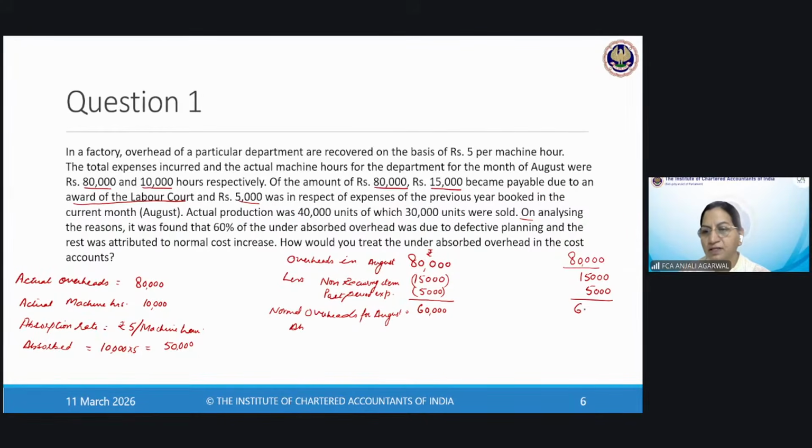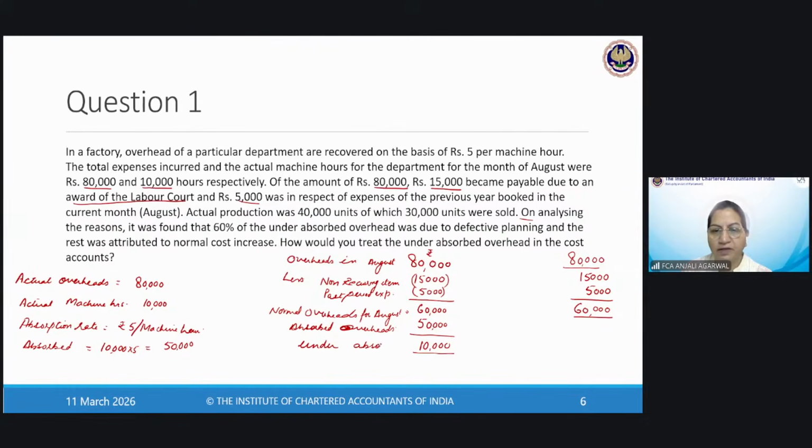So actually 60,000 was the overheads incurred in August, though absorbed was 50,000. So there is an expenditure of 10,000 which is not recorded but which is incurred. So this is under absorption.